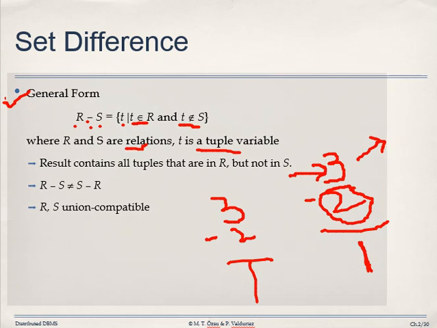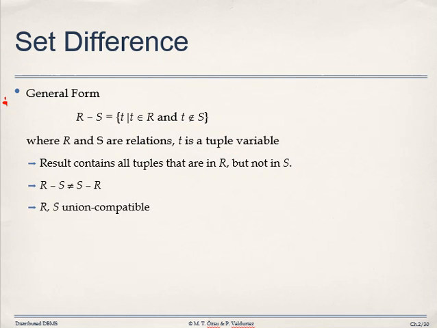The same thing applies to set difference. In set difference, what are we doing? Suppose in R we have the number of records equal to 5, and in S we have the number of records equal to 3. Suppose these 3 records are the same and available in both relations.